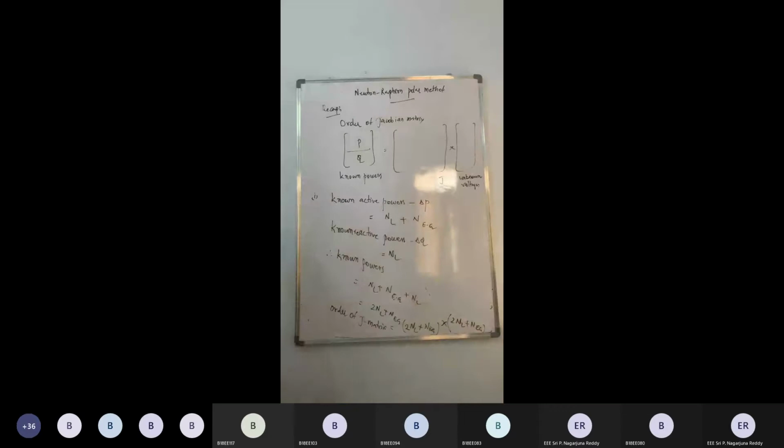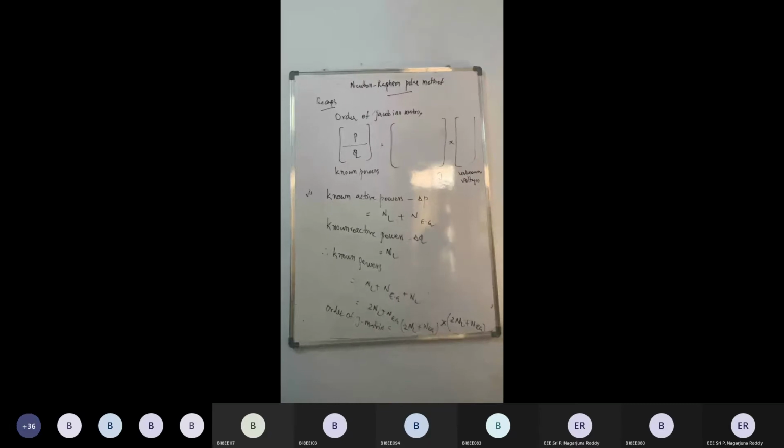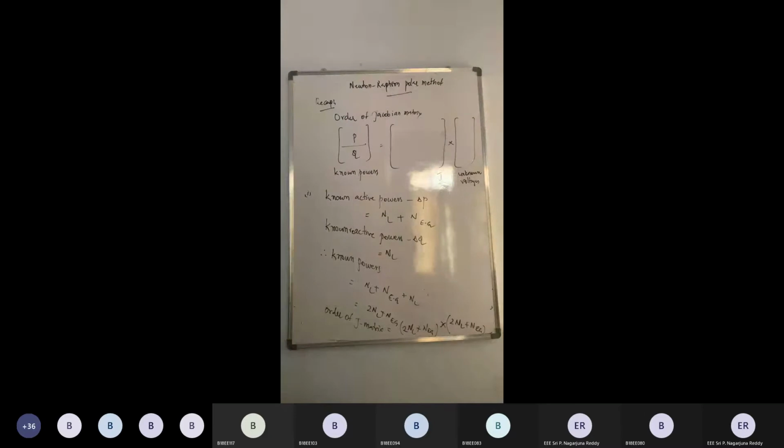This is the formula which we have tried yesterday. Are you able to see the things? Is this screen visible now, guys?